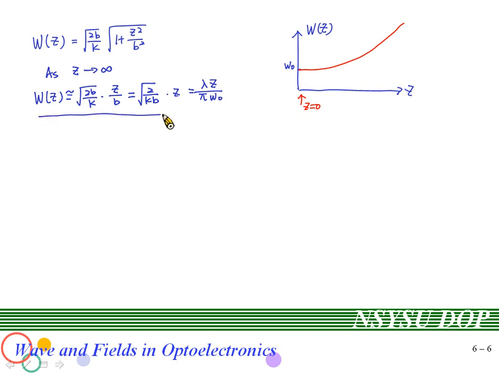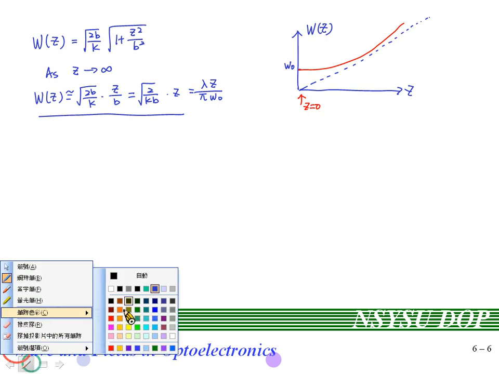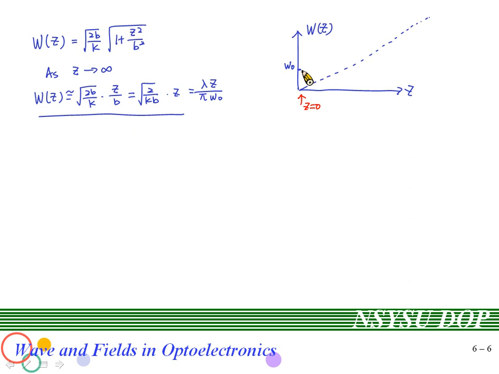And from this expression, you can see as z goes to infinity, the beam radius has a linear relationship with z. So this means that as z goes to infinity, the curve here will become a linear curve like this. And this position is the waist as I have defined. And what will be this angle?